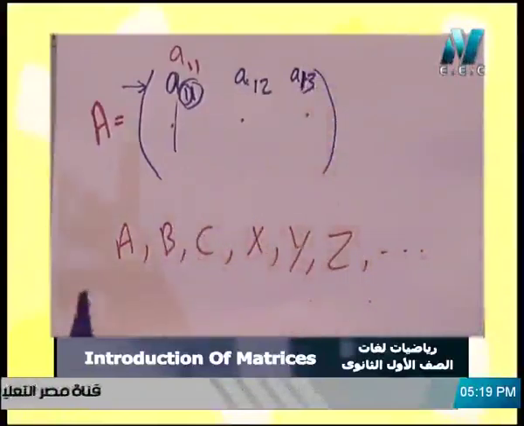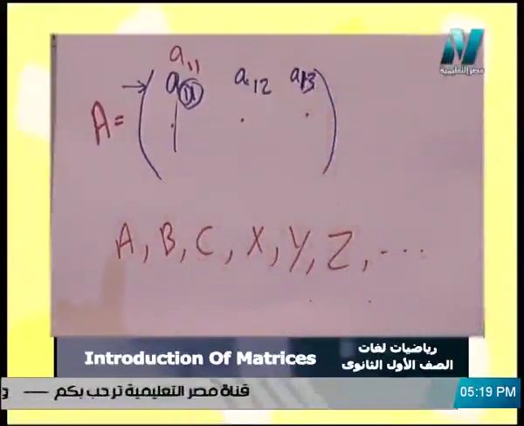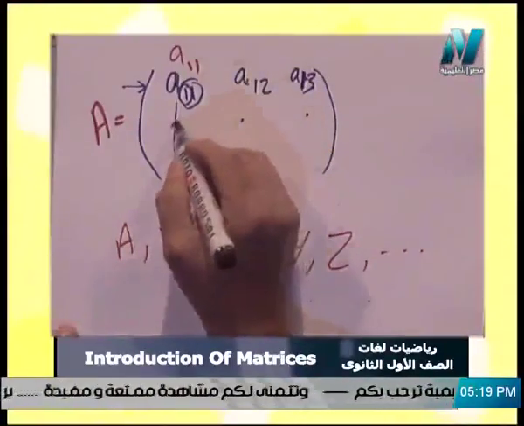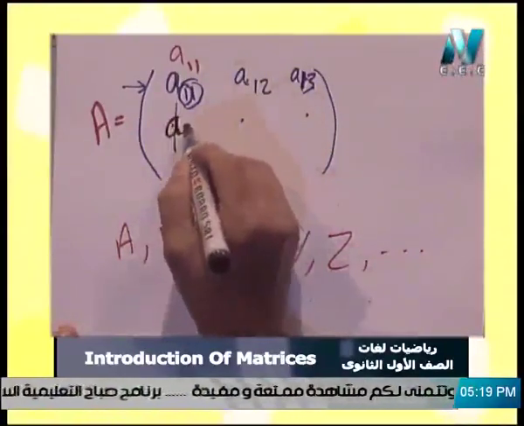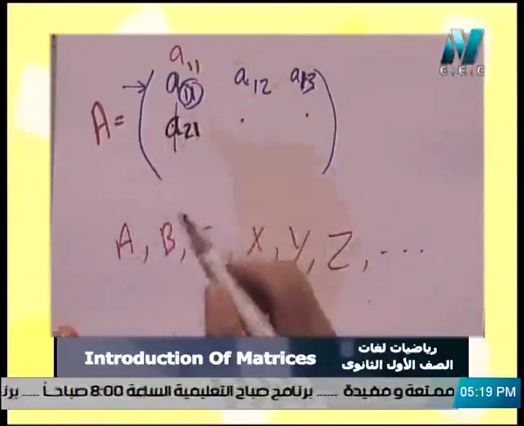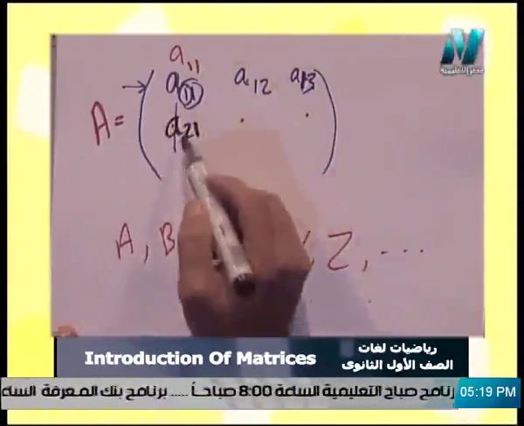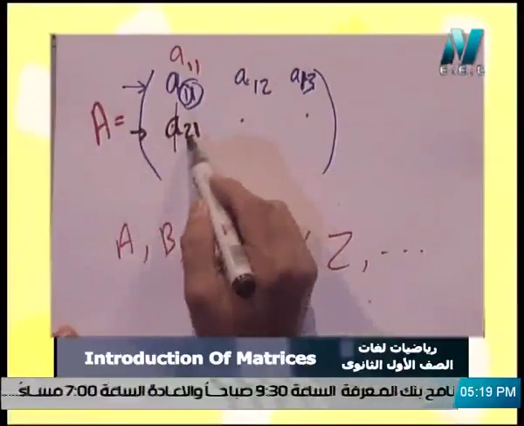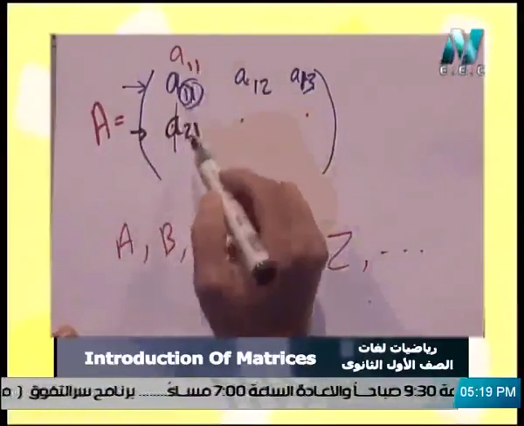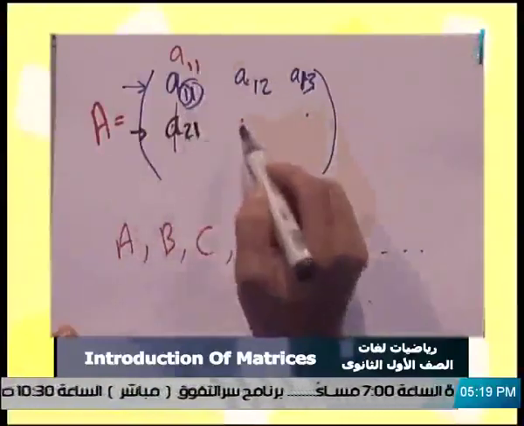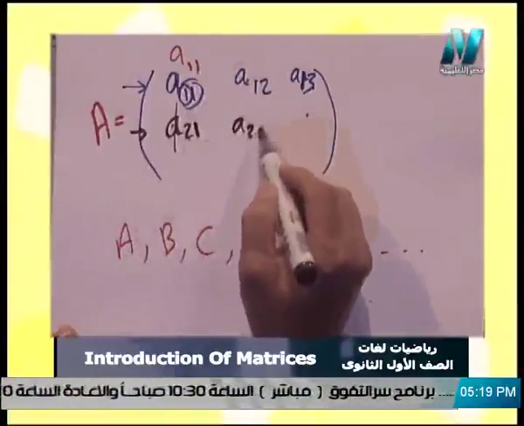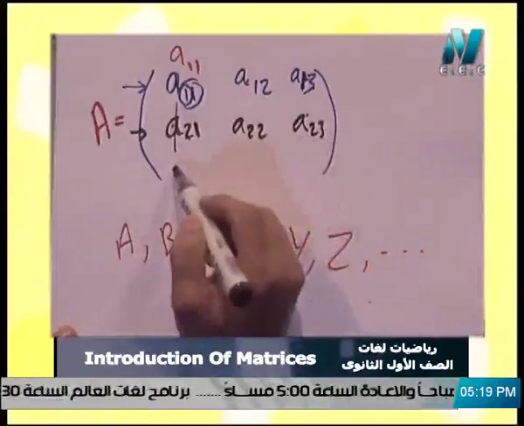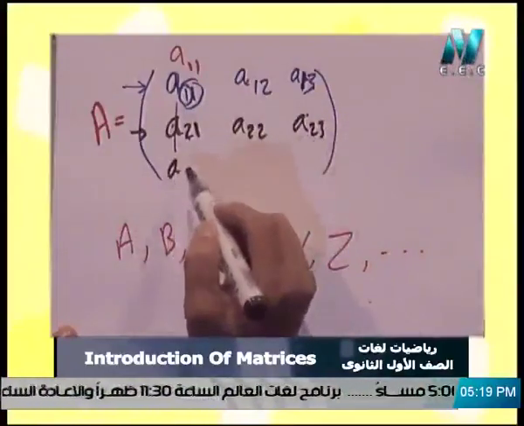Okay, now you can complete with me. We have this element here. We can write it A21. Yes, A21, because we have the second row, row number 2, and the first column, column number 1. And this is A22, A23, and if we write here, what will we write?